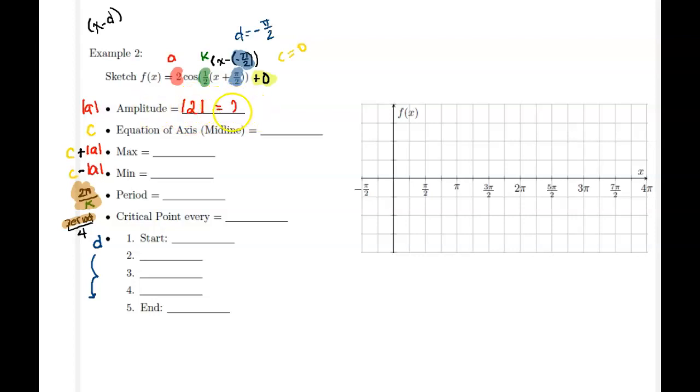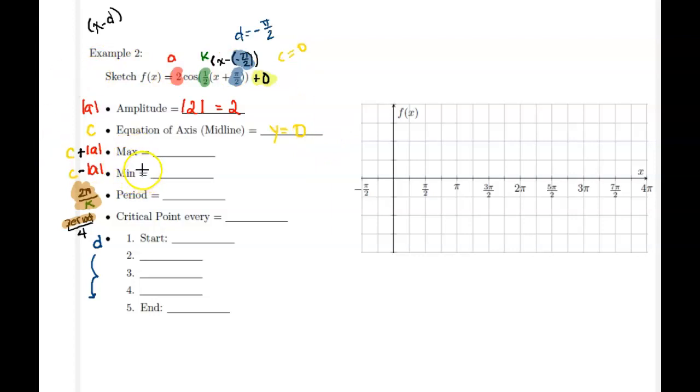So my amplitude will indeed be 2. Next up, equation of the axis, or my midline. So that is just my value of c. And we said that my value of c is 0. Because it is an equation of the axis, it is that horizontal line, we have to describe it as y equals 0.